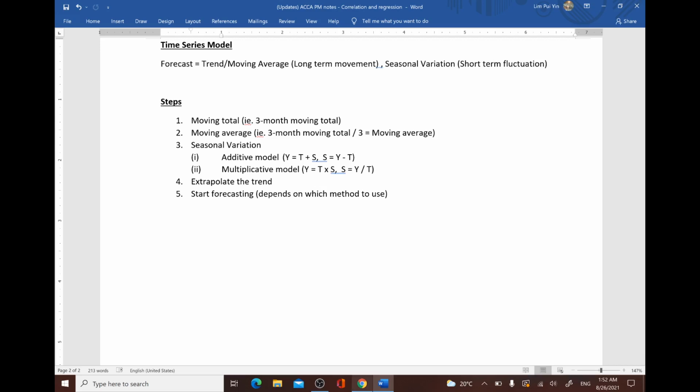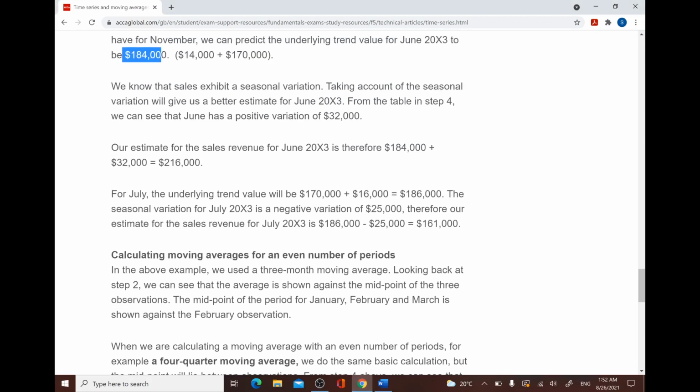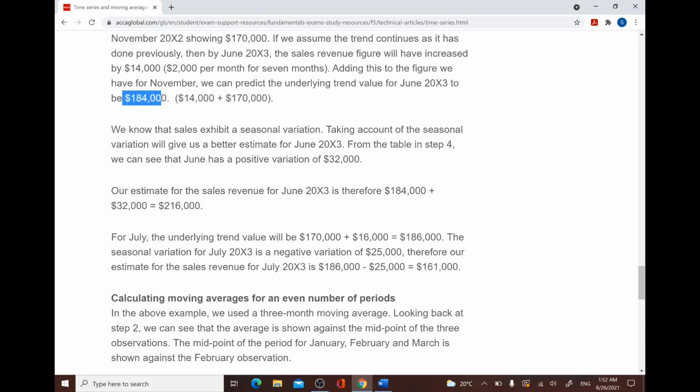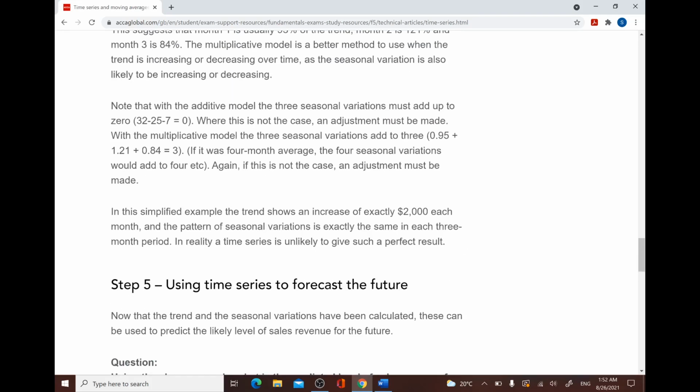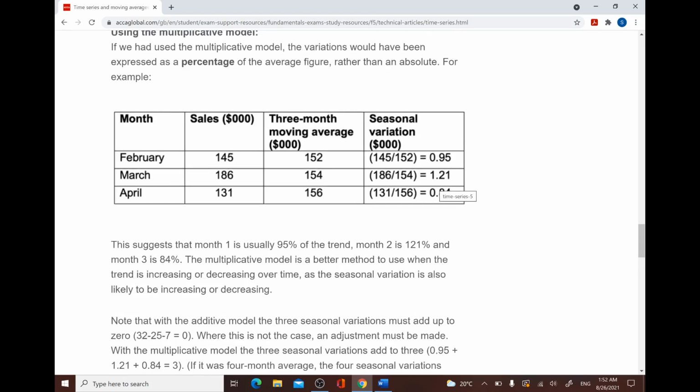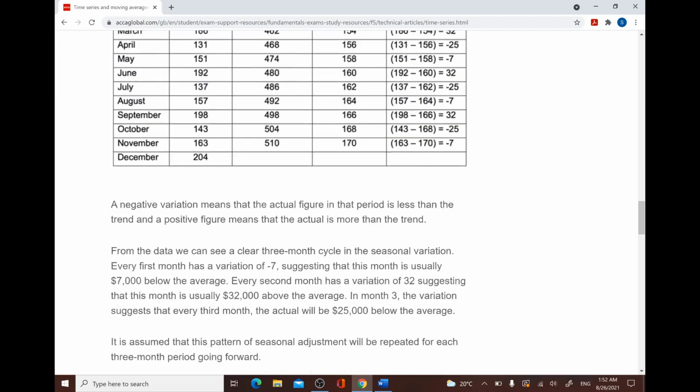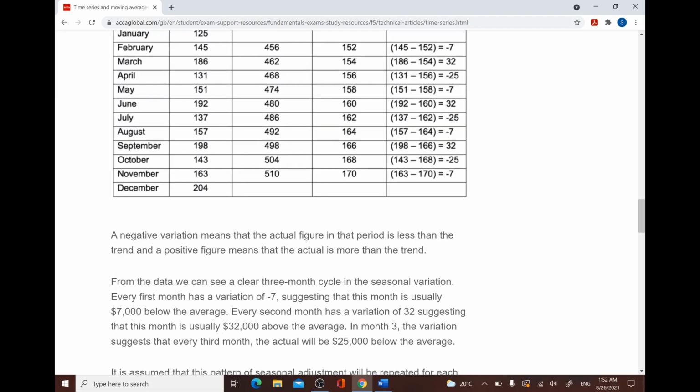Now, in this article, they did not mention the multiplicative model. So what are we going to do? If it's multiplicative, assuming you want to forecast February, what is the trend? To forecast February next year, December is 172, January 174, February 176.